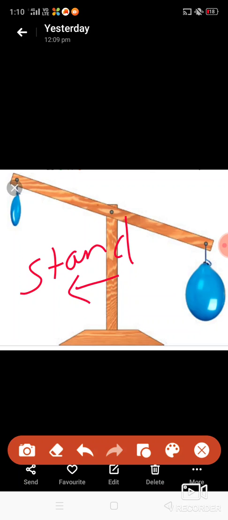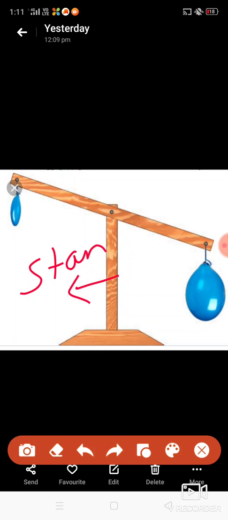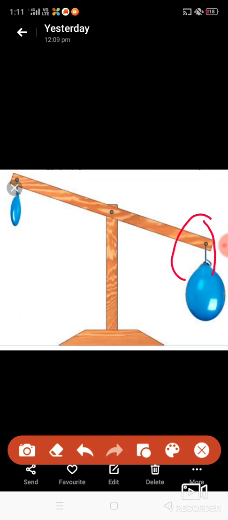On the first edge of the stand there is a balloon without air, and on the other side of the stand there is a balloon with air.